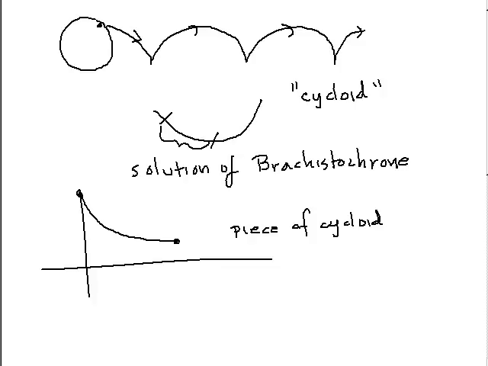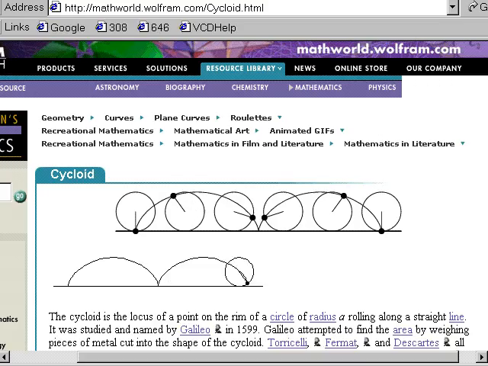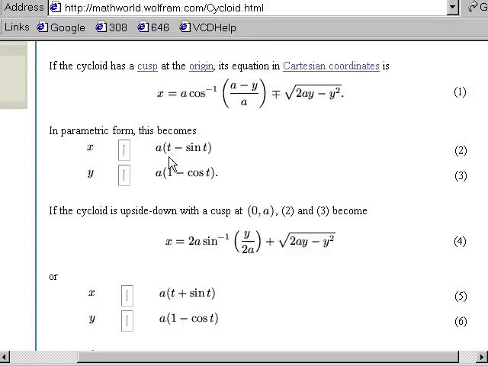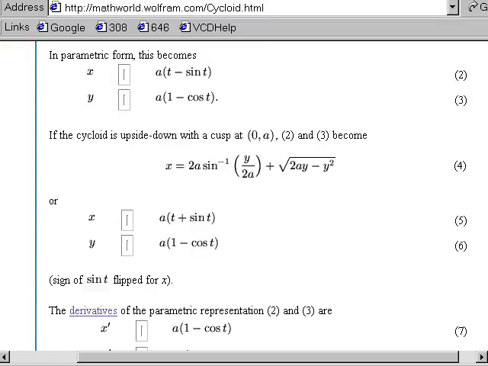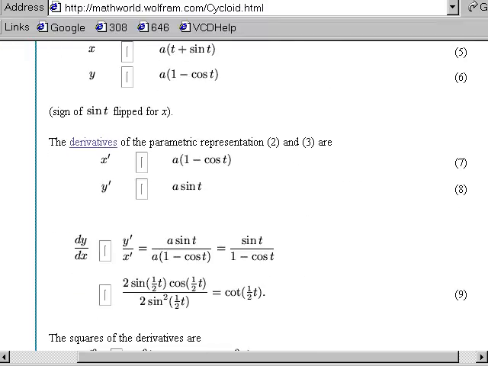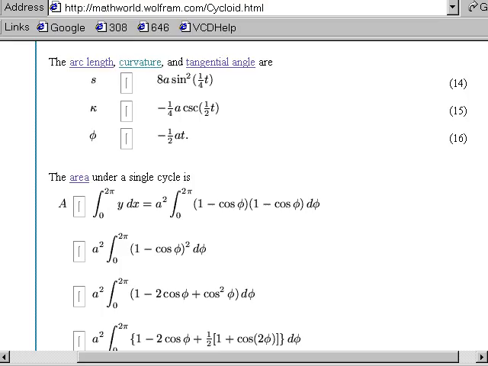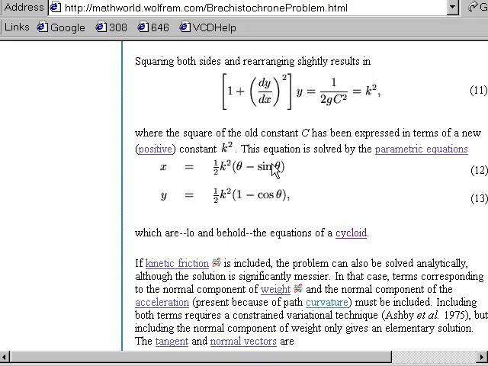Let's see, the parametric equations of a cycloid are given here. In Cartesian coordinates, it looks like this. In parametric form, it looks like that. And this is x in terms of y. So it's a rather complicated function, and it's best done parametrically, because of these linear terms plus sines and cosines, it's difficult to eliminate theta.